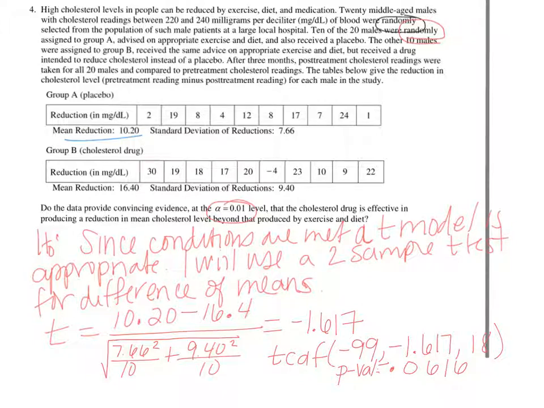So I'm going to write our conclusion on the next slide, and maybe I'll even type it for you. My handwriting gets really bad on this thing. Since my p-value of 0.0616, it's really important you actually put that number in there.